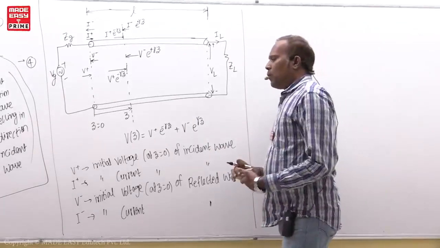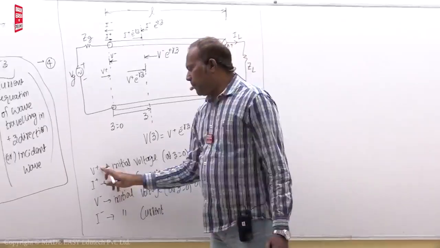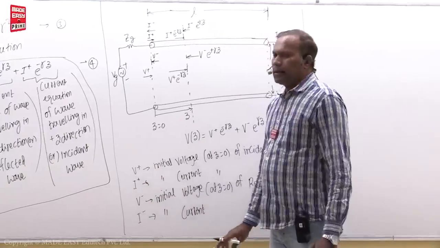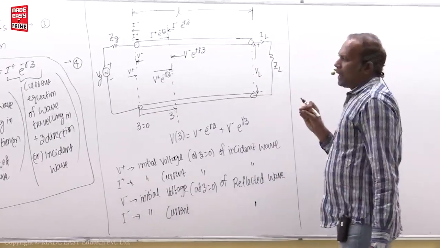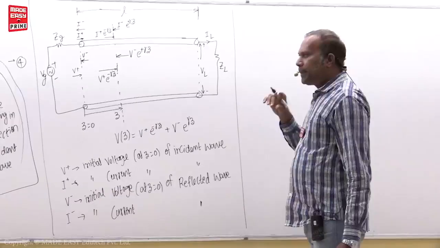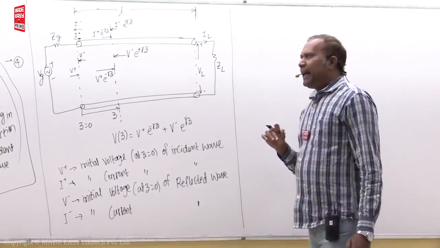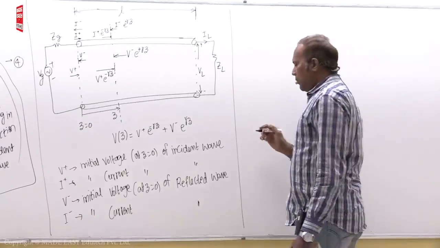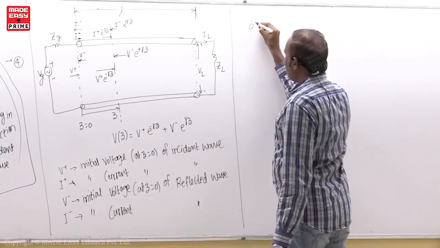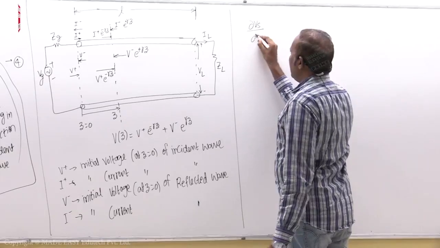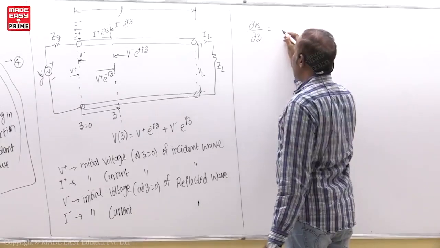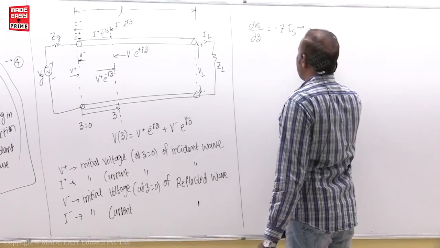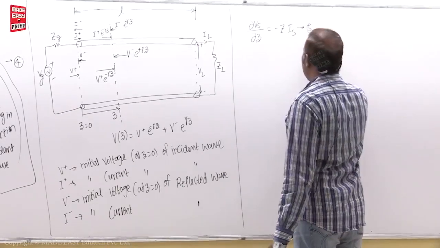Now, what is the relation between V plus, I plus and V minus, I minus? That relation is obtained by taking the phasor equation, which gives the relation between voltage and current. So already we know that dou Vs by dou z is equal to minus Z into Is. This is equation number 5.